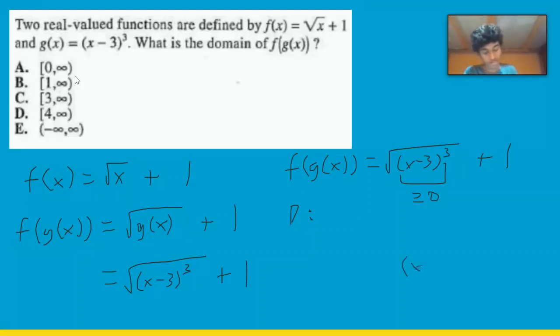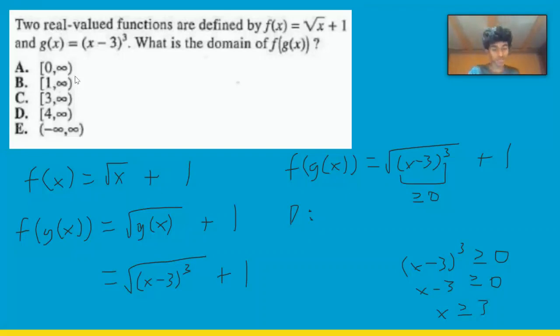So we do x minus 3 cubed is greater than or equal to 0. Taking the cube root of both sides, we get that x minus 3 is greater than or equal to 0. When we add 3 to both sides, x is greater than or equal to 3.